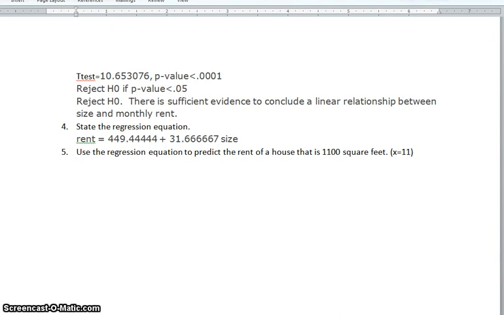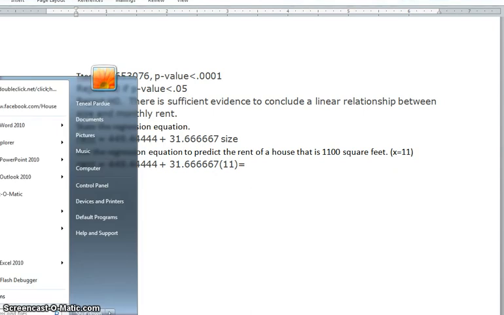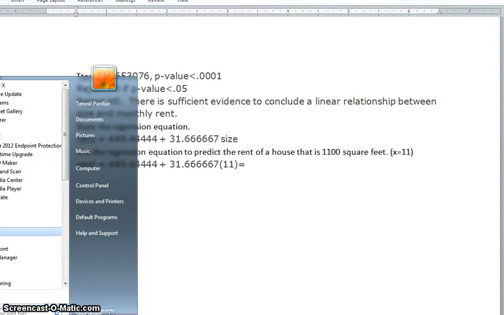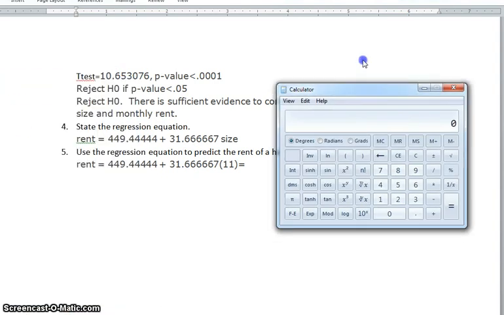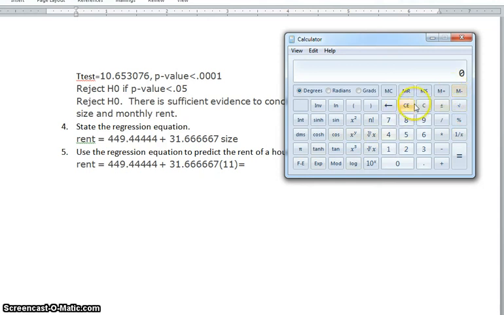And finally, use the regression equation to predict the rent. So I'm just going to recopy the regression equation, but replace size with 11. And we can pull up the calculator. Be careful of your order of operations here. This is the part that StatCrunch would have done for us, but it didn't seem to recognize it. Somehow it didn't register. But that's okay, we can just do this.